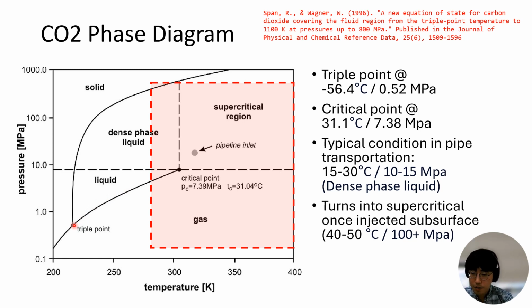The reason it's called the vaporization curve is that, from the liquid, after crossing this curve, the liquid state CO2 will be vaporized into gas. Likewise, from the solid CO2, crossing this line it will melt into the liquid state. And at the solid and gas boundary, it simply converts to gas without having a liquid, and that's why it's called the sublimation curve.